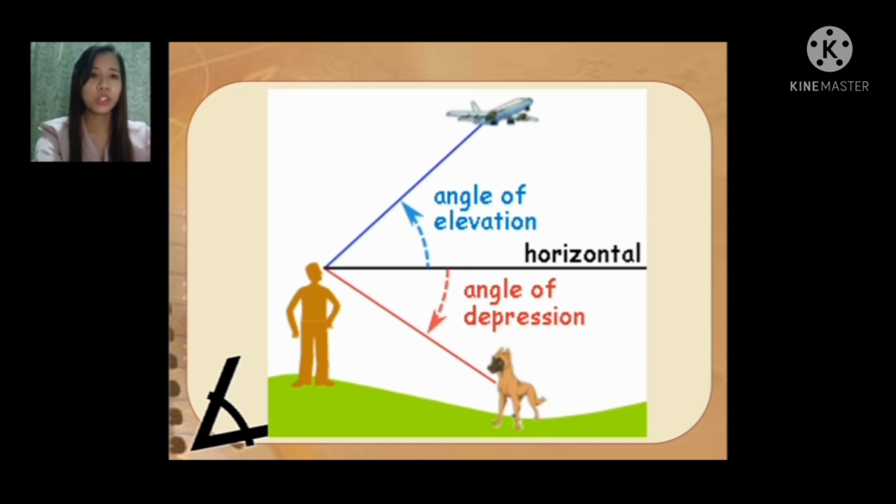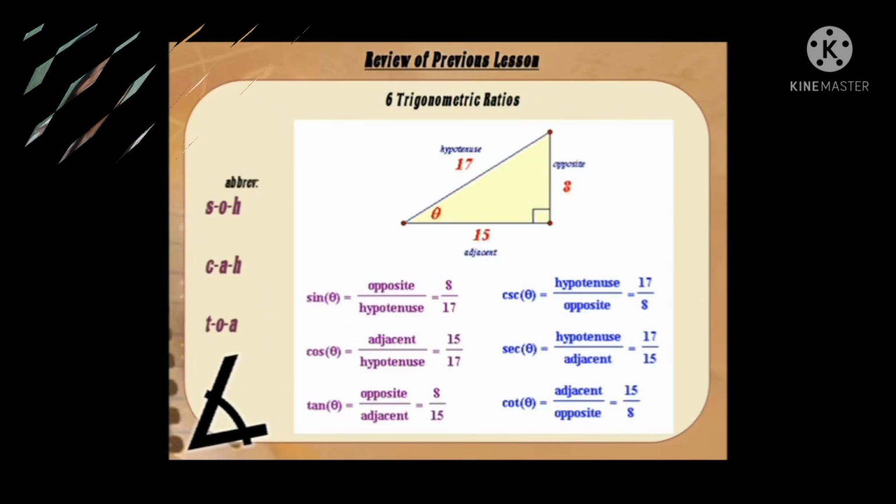An angle of elevation is an angle formed from the horizontal to the line of sight of the observer to the airplane above. And the angle of depression is the angle formed from the horizontal to the line of sight of the observer to the dog below.